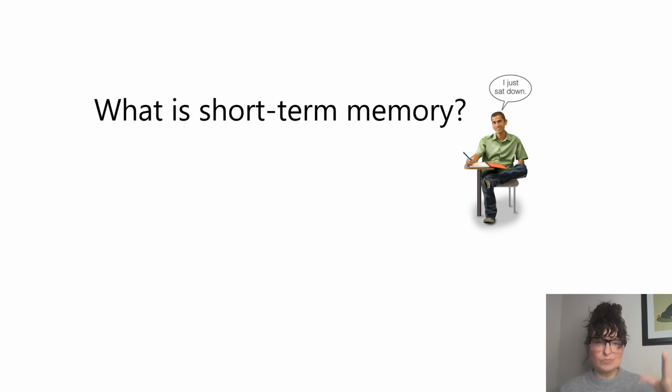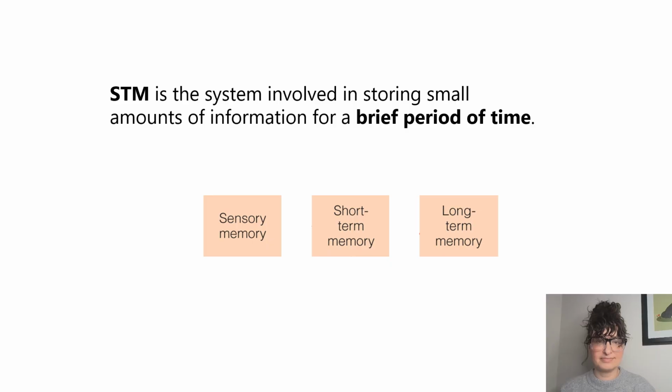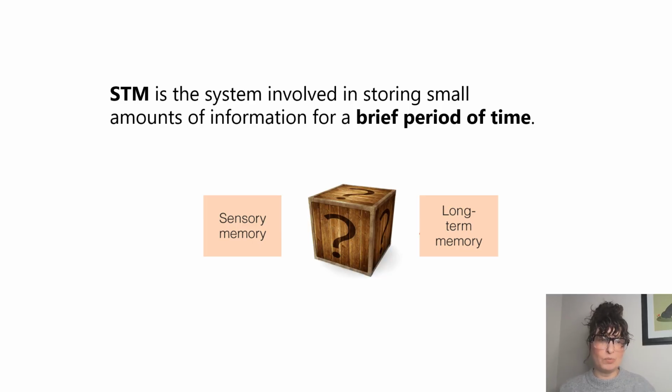It is this moment and maybe about 30 seconds back. Some information gets transferred to long-term memory, but most information that makes it into short-term memory gets lost. So short-term memory is the system involved in storing small amounts of information for a brief period of time. But we have to ask the questions of how much and how long.